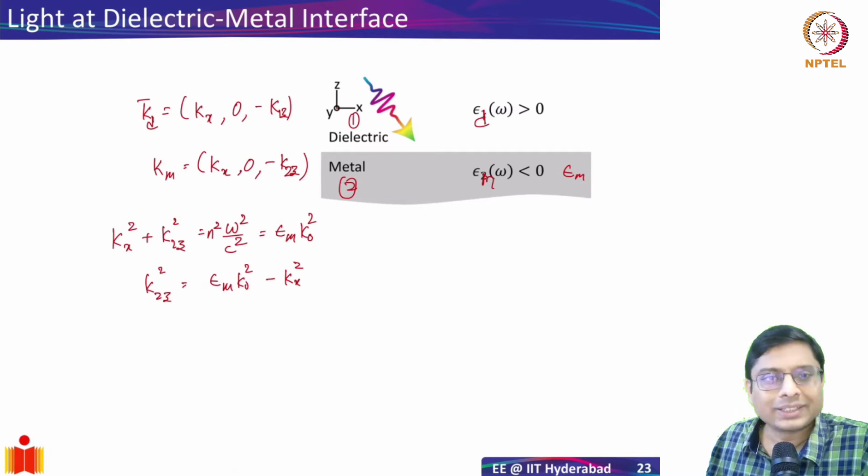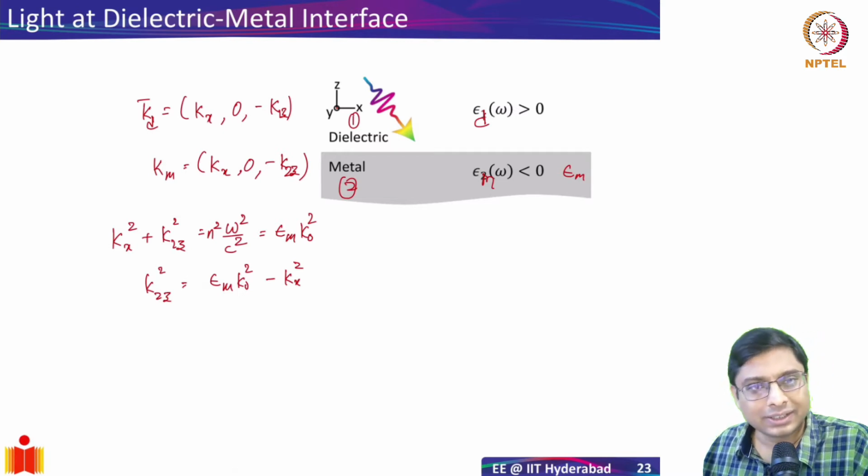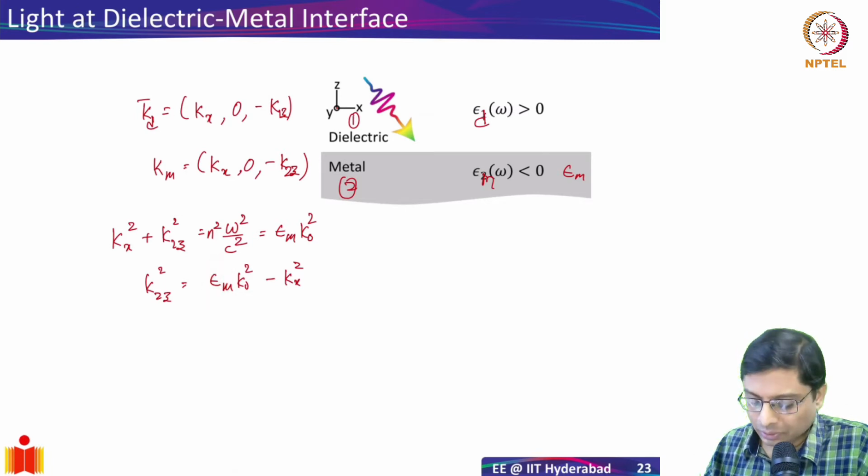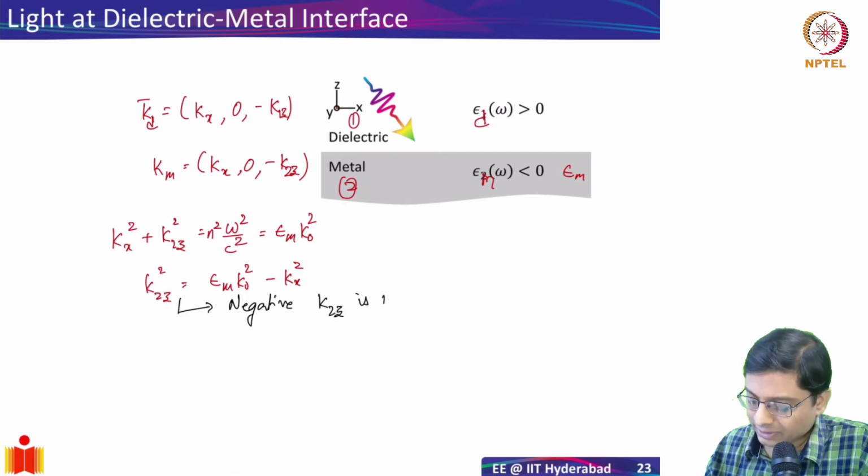Let's assume for a moment that there is a wave that propagates on the interface, so kx is some positive number. And my epsilon is negative. So overall, kz square is a negative number. What does it imply? It implies that my k2z is imaginary.